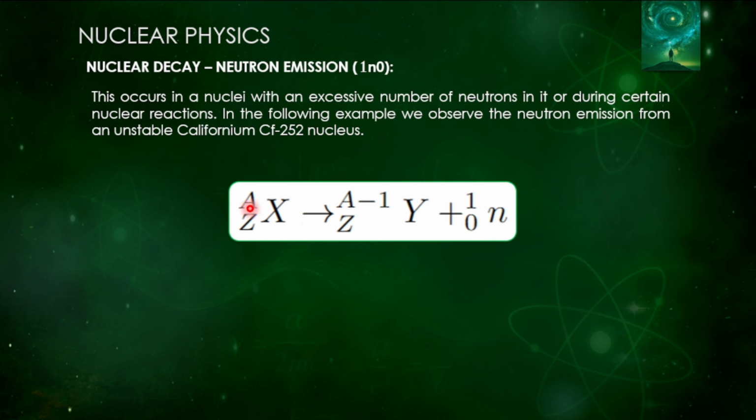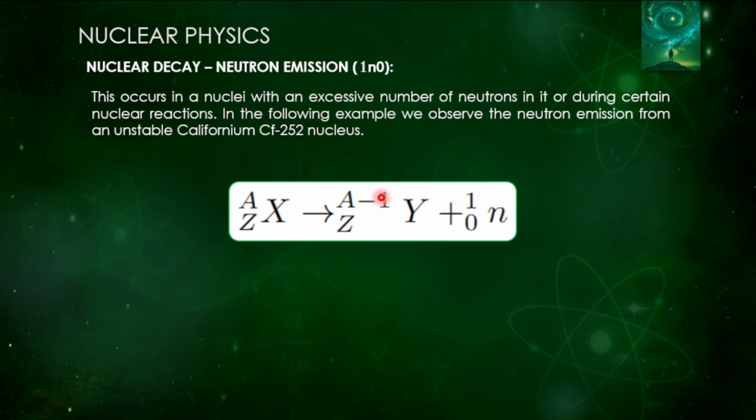We have X with mass number A and atomic number Z, and it decays into another isotope while losing one neutron, and that neutron is released. It breaks off from the atom and is released freely.